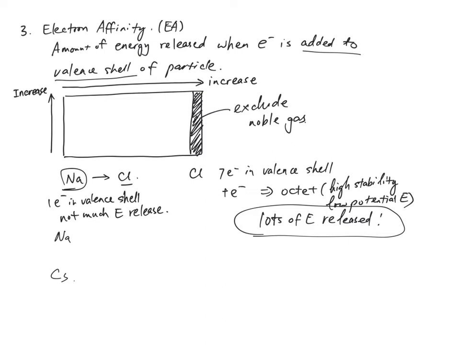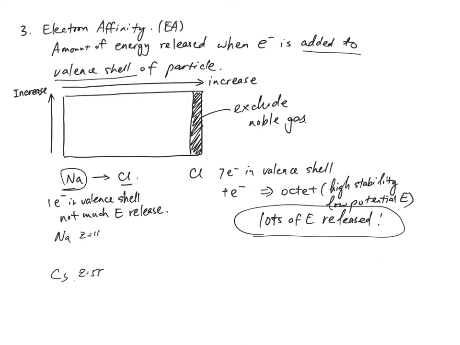Cesium, number 55. That one electron is in the sixth shell. It's going to be so far away from the nucleus that when you put one electron in there, the whole atom doesn't really feel much different.